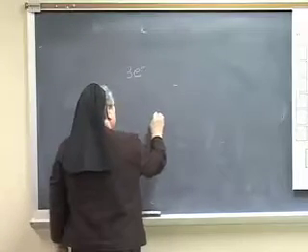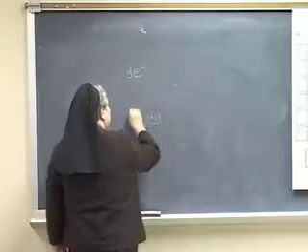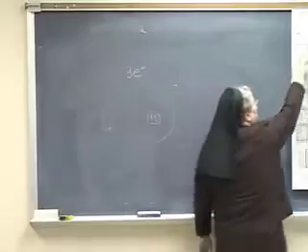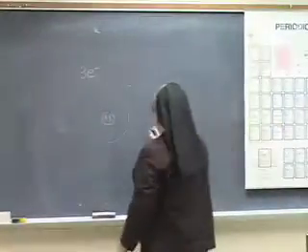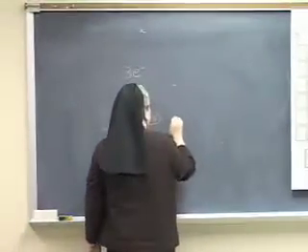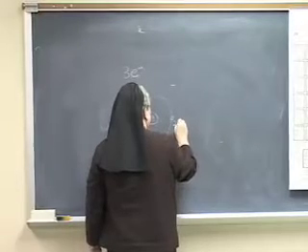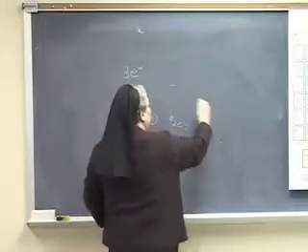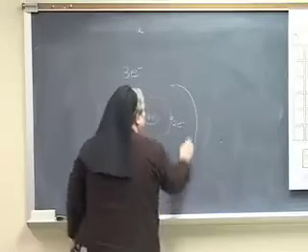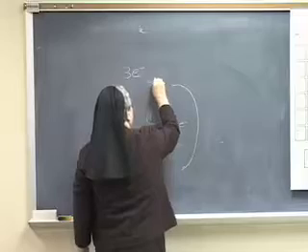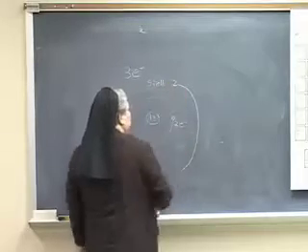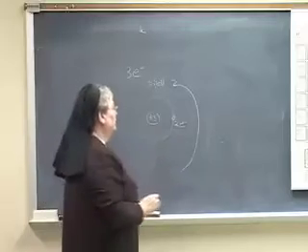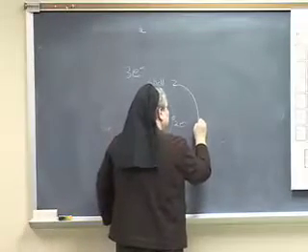Here's the +3 nucleus, and the first shell is filled with 2 electrons, 1, 2, because there are only 2. But when you're in row 2, you come to the second shell. I have 2 electrons in the first shell, so I put the 3rd electron in the second shell.